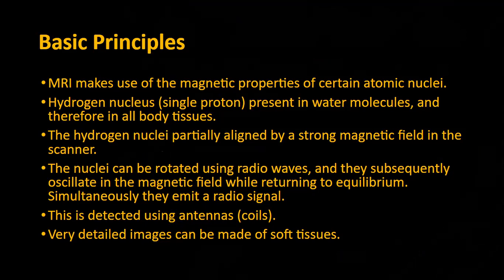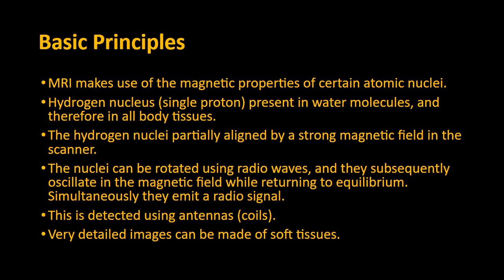Now, what is the basic principle on which MRI works? I have mentioned some components in the next slides: the primary magnet, gradient magnets, radio frequency, and the computer system. Our body is made up of 70% water, and water has two hydrogen atoms and one oxygen atom.